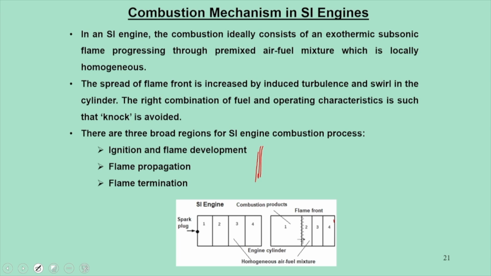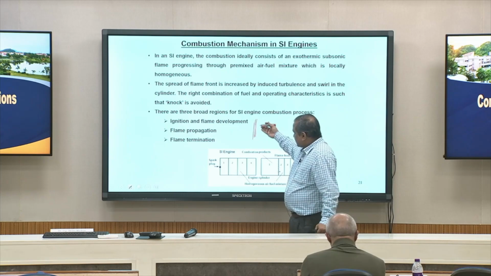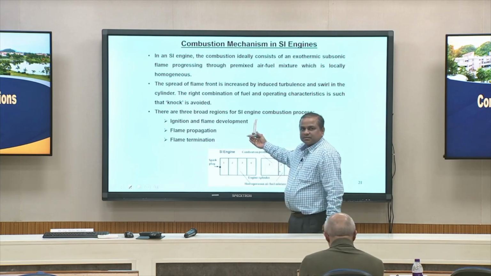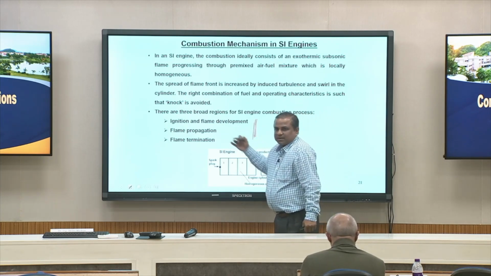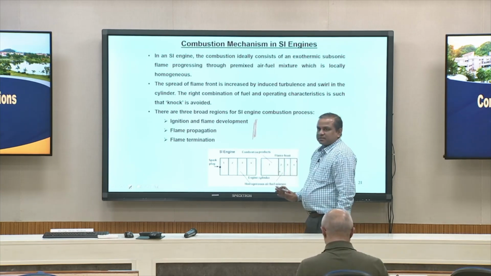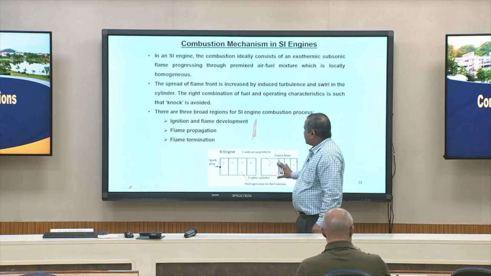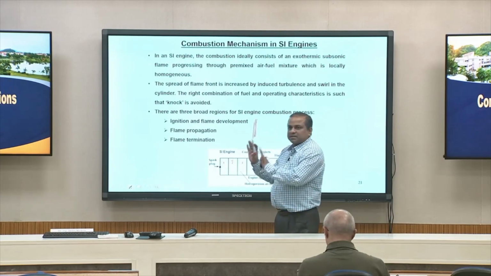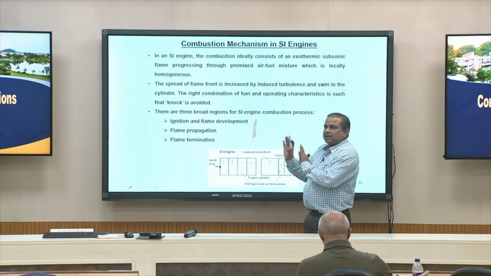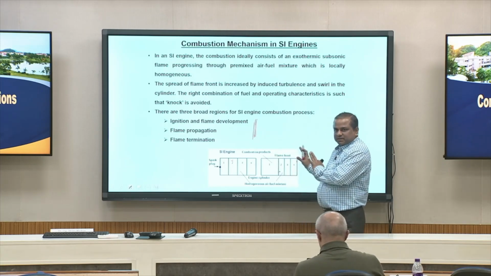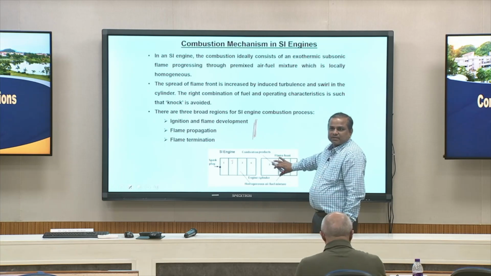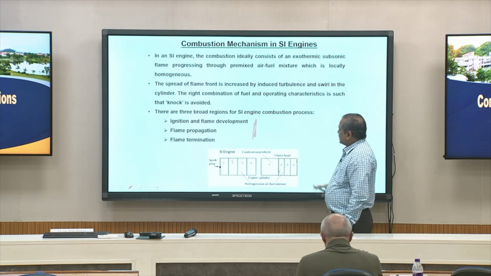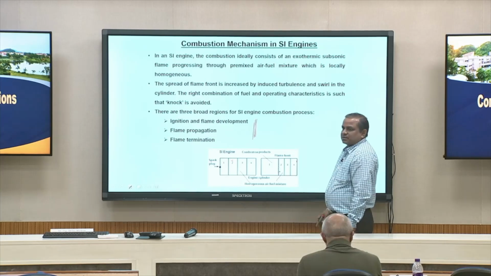Through this process, it is viewed that you initially start with ignition, then flame development, flame propagation with certain speed, and flame termination. At one instant when the flame is not there, it is only fresh charge, and when the flame completes its role, it is full of combustion products. This is the most ideal situation.